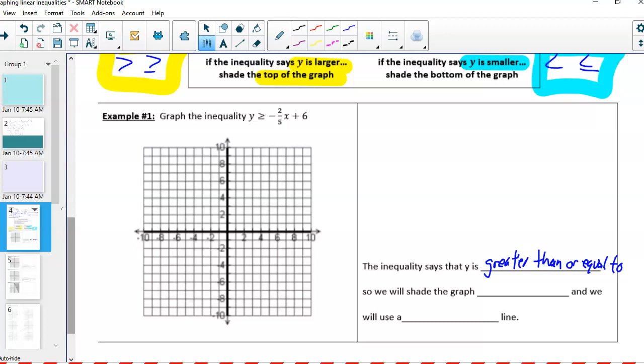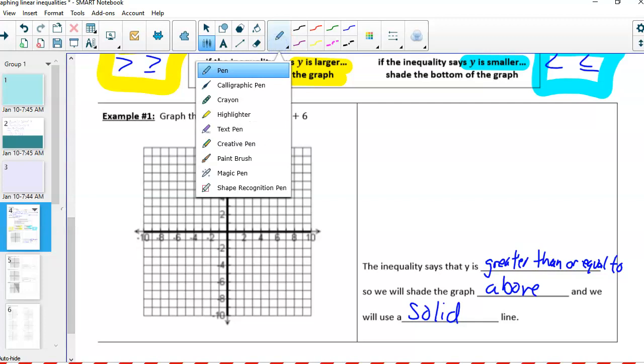So above is always greater than. Below is always less than. And then because it's equal to, will this be a dashed or a solid line? Solid. So eventually these words will go away, but that's what you need to be thinking for every type of problem. What's the inequality say? What direction am I shading? What type of line will this have?